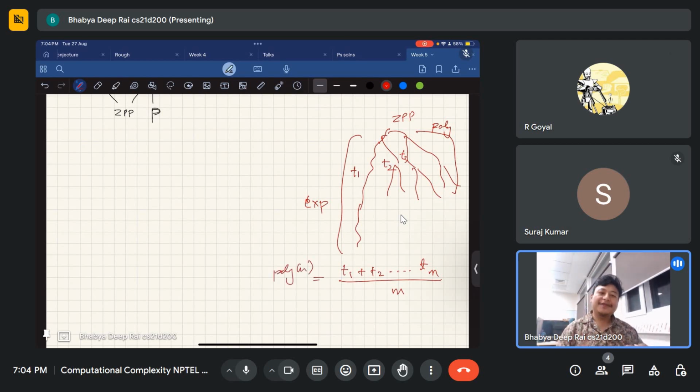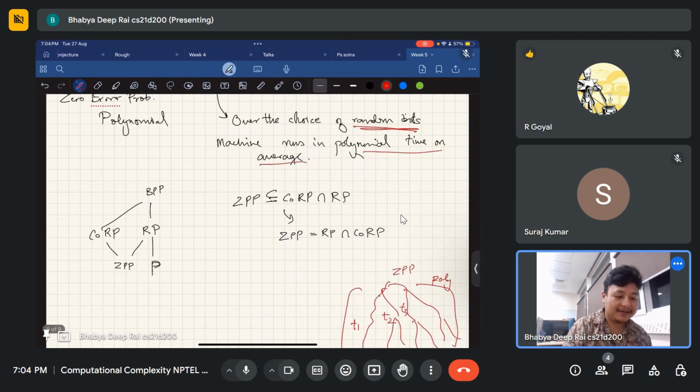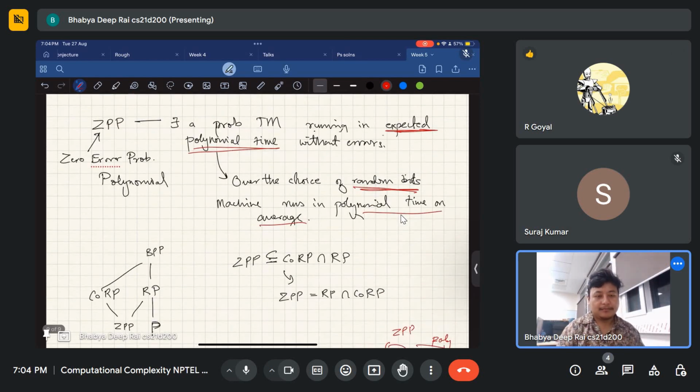In other words, most of the random choices actually lead to polynomial time. This is another meaning of ZPP: on average, it takes less time. You may already see the connection between the don't know definition and this definition. It is only a matter of rejecting when it says don't know.